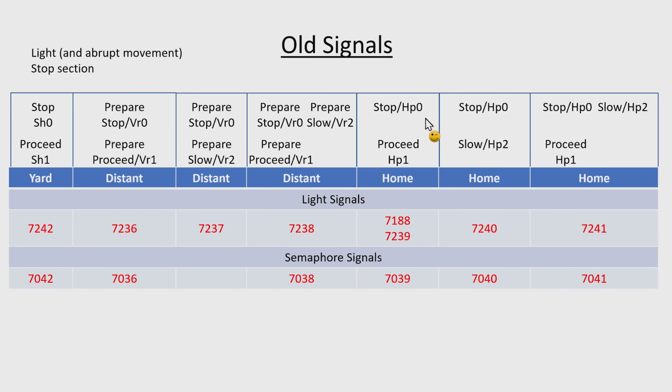Let me just briefly talk about even older signals. So none of these are available, and I've just grouped them together here. So they do support a stop section as well. They do have light, they have no decoder, and there is, for the semaphore signals, actually abrupt movement between, let's say, stop and proceed. Furthermore, as you see, they kind of have a little more interesting mix of how they show things.